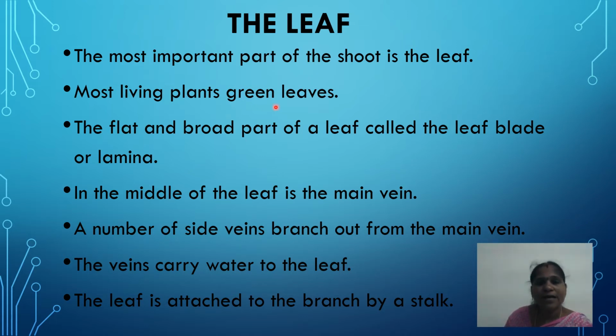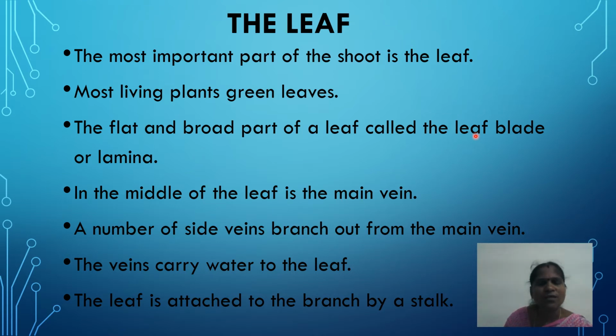Most living plants have green leaves, all that we can find in our surroundings. The flat and broad part of a leaf is called the leaf blade. Did you find different structures of leaves?